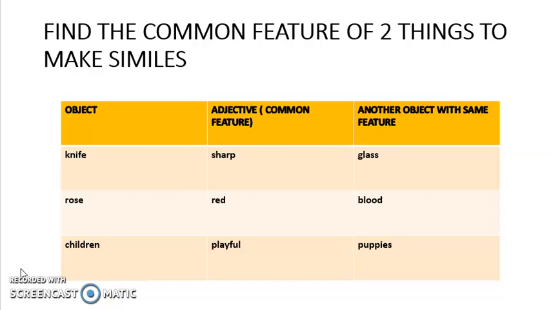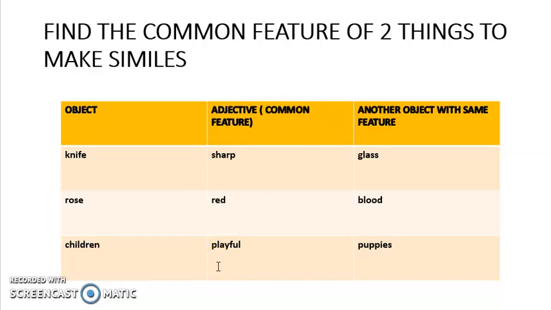So don't forget, you have to choose first one object. Now think of an adjective to describe that object. Over here sharp, red and playful are all adjectives. So take an object, choose an adjective. Now once you have decided on the adjective, remember that the adjective should be related to your object.